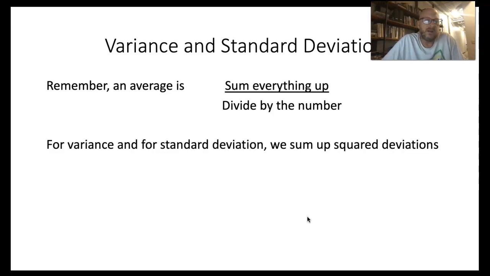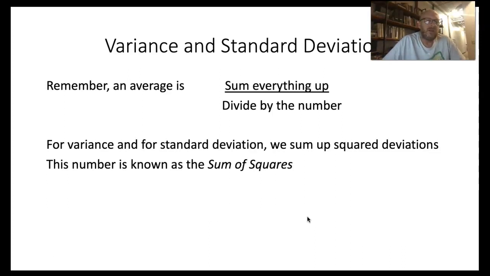But let me see here. For variance and standard deviation, what we do is we sum up not the individual scores, which we would do for a normal average, but we sum up squared deviations. And you'll see in a slide or two why we use squared deviations.